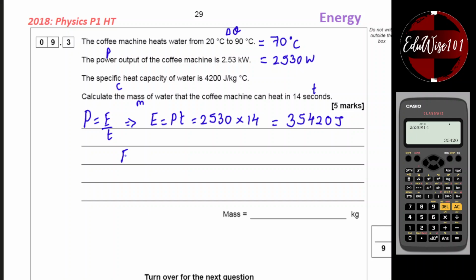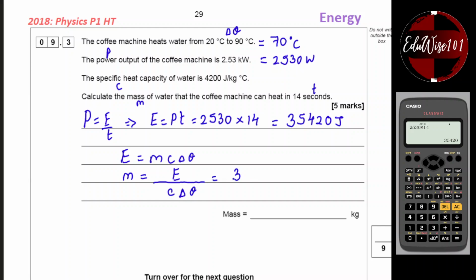Remember, energy transferred equals the mass multiplied by the specific heat capacity multiplied by delta theta. So I can rearrange that equation to find out what mass is. Rearranging that means mass equals energy divided by the specific heat capacity multiplied by the temperature change.